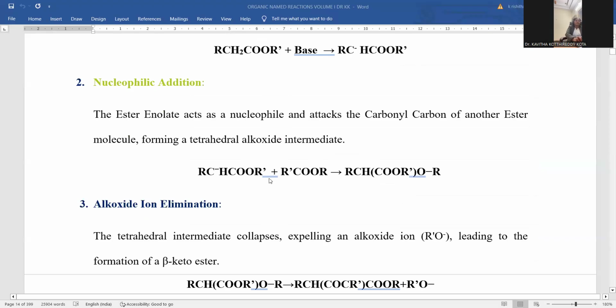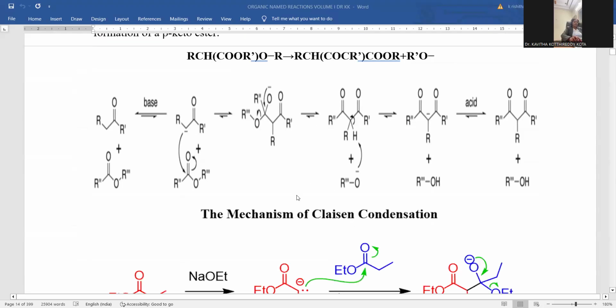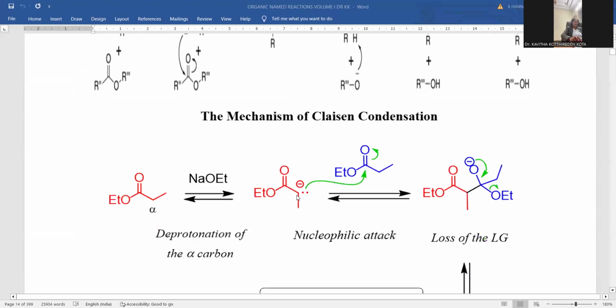Later, the carbanion generated can be treated with another ester molecule so that condensation takes place and chain elongation is possible. The alkoxide ion generated is then discarded to form the final product. This final product formation is represented in schematic form.